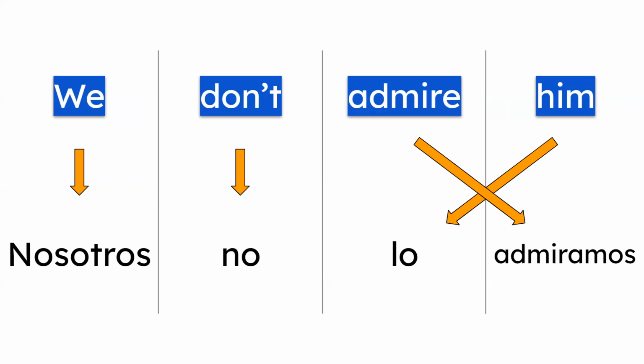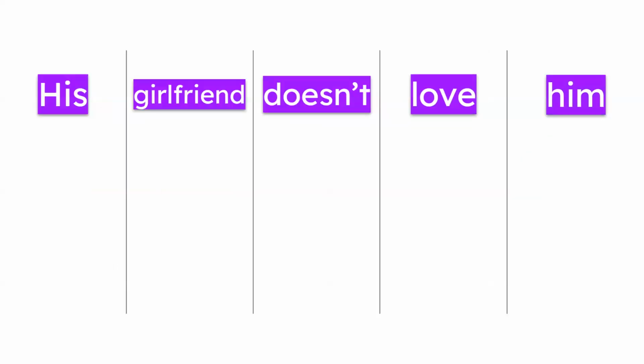Perfect. Now, next negative sentence. His girlfriend doesn't love him. Oh, that's so sad. His. This is a possessive adjective. I'm sure you know this. How do you say his in Spanish? That's su. Su. And girlfriend is novia.